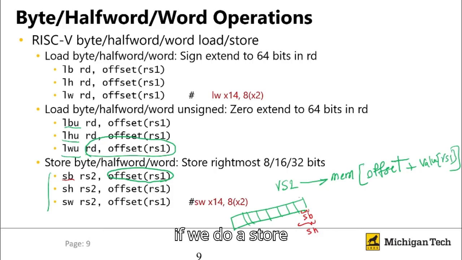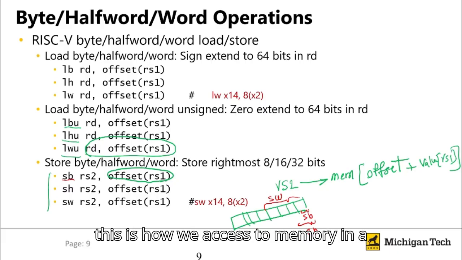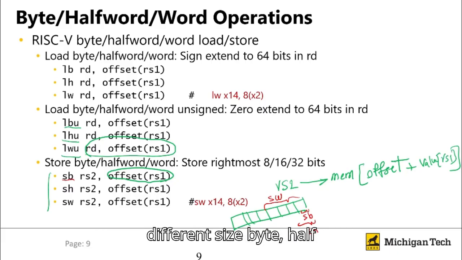And if we do a store word, we do just 32 bits. And if we do a store D, or store double word, it's going to be 64. Okay, so this is how we access memory in different sizes: byte, half word, word, or double word.